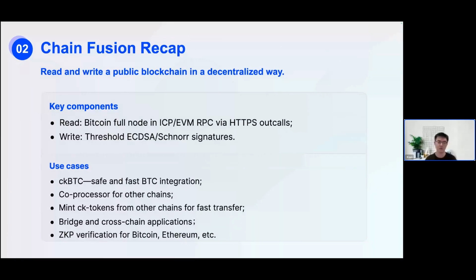The signed transactions from ICP can be broadcast to other networks via their own RPC port, and execute a token transfer, for example, in another network. So we're effectively writing to other blockchains to carry out logic on their side. This is a quick recap of the Chain Fusion technology, reading and writing.